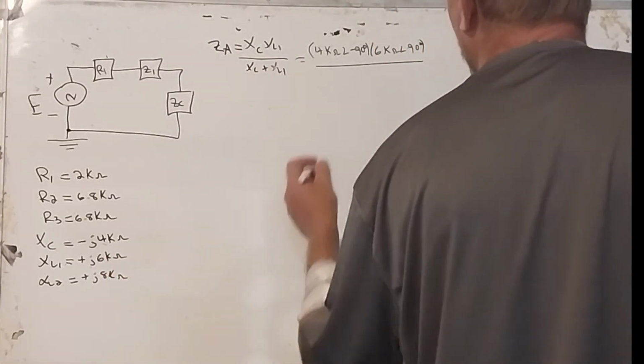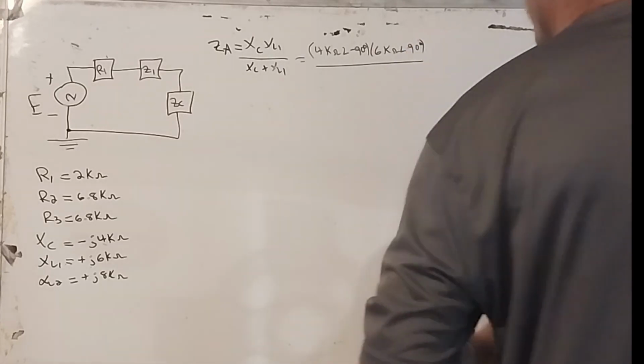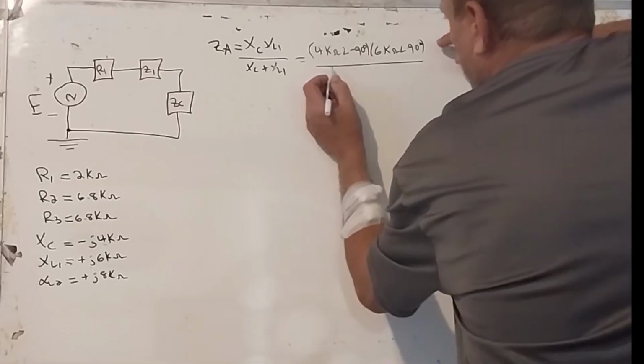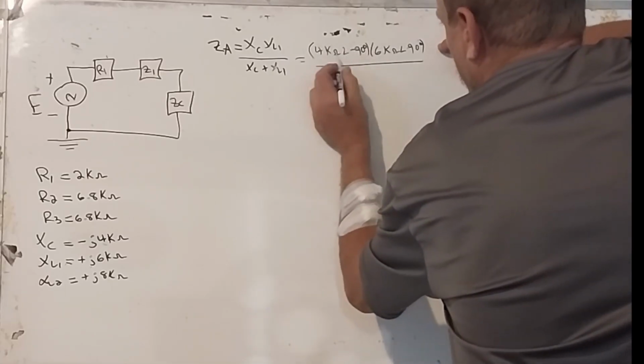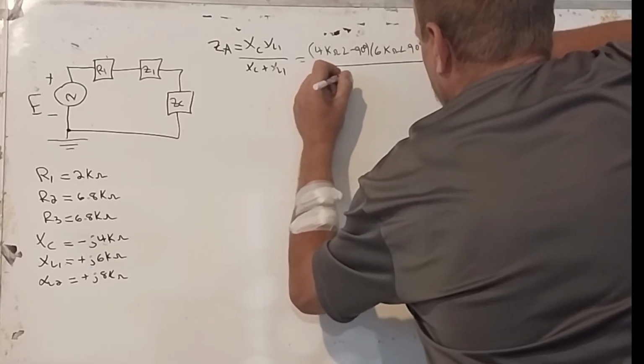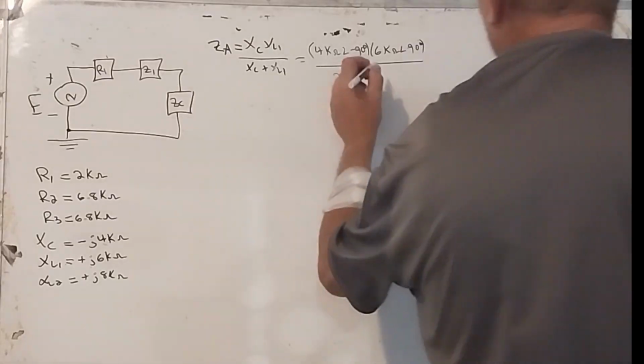We have more inductive reactance than we do capacitive reactance here. So we're actually going to subtract the 4 from the 6, get 2K ohms, and that'll be at an angle of 90 degrees.